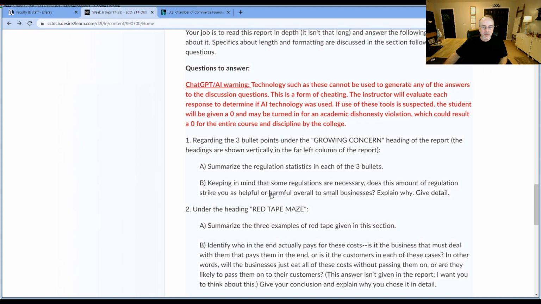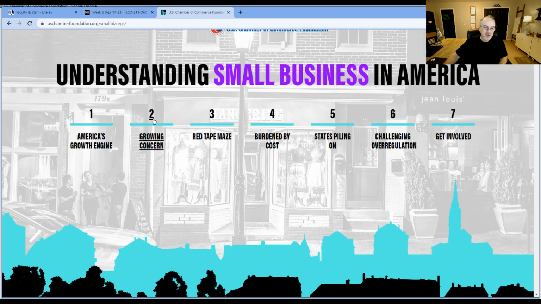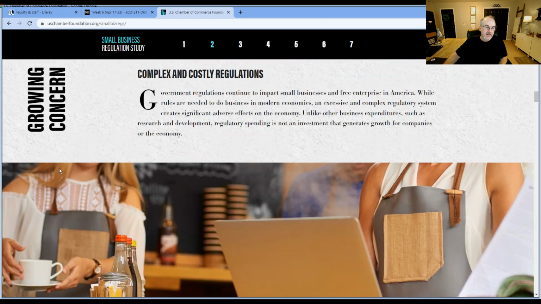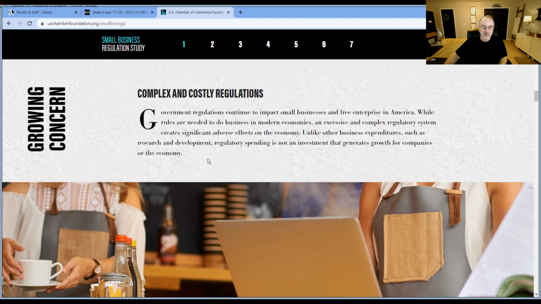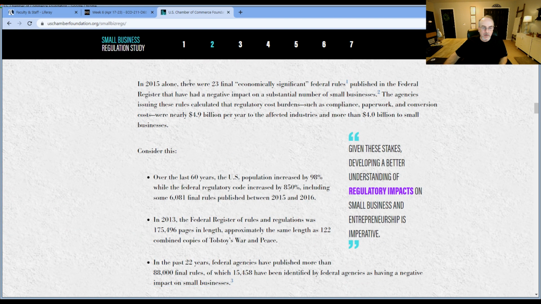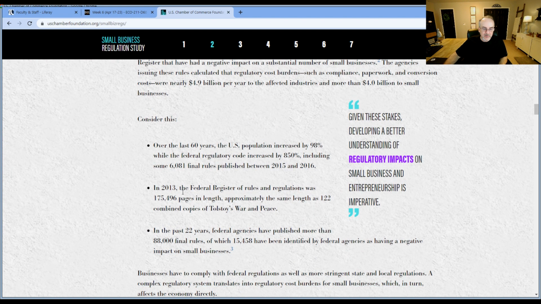Now what I say in the directions is find the growing concern heading. Here we see growing concern. We click on this. It takes us down. And notice vertically we have these words growing concern. I want you to read all of this and then get down to these 3 bullet points.